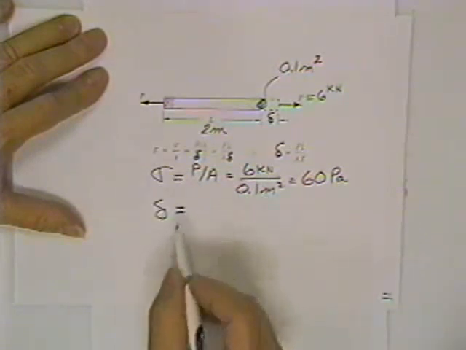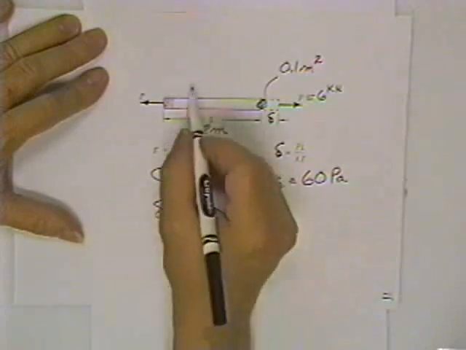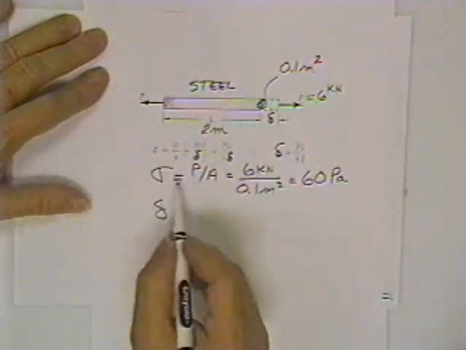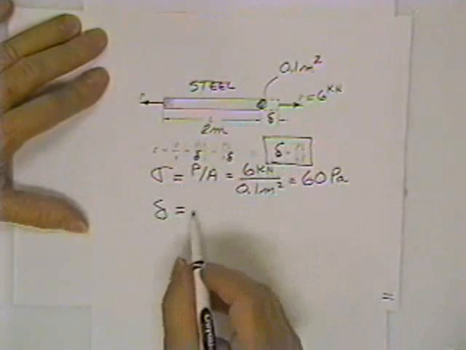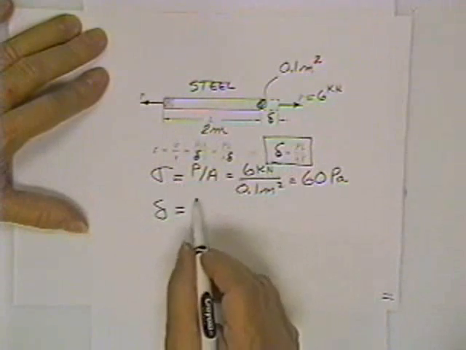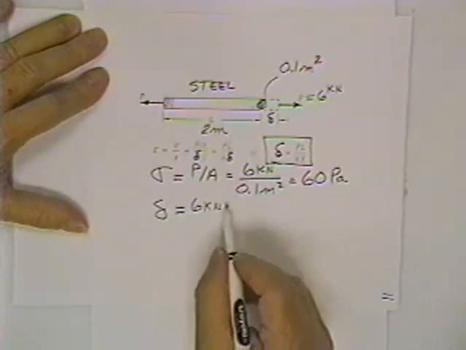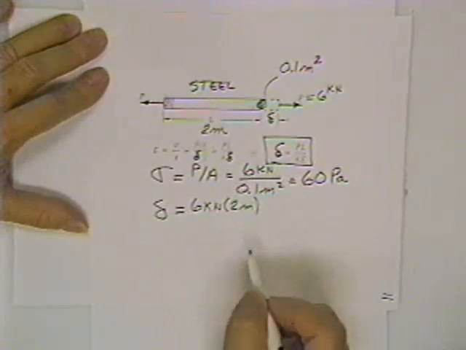Then how long will the bar get due to that load? Let's just say it's steel. Well, how long it will get is given by this equation. The deflection is equal to the load, 6 kilonewtons, times the length, 2 meters.